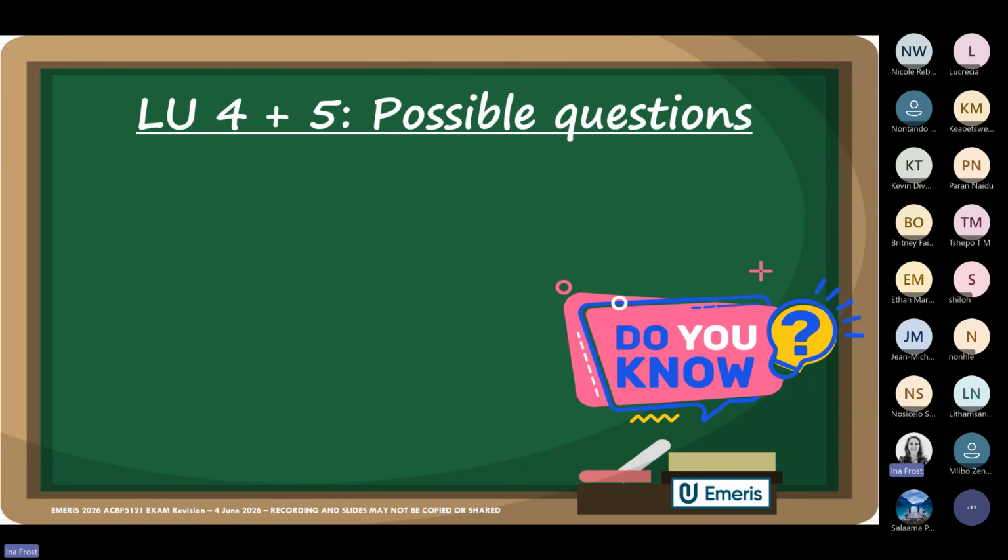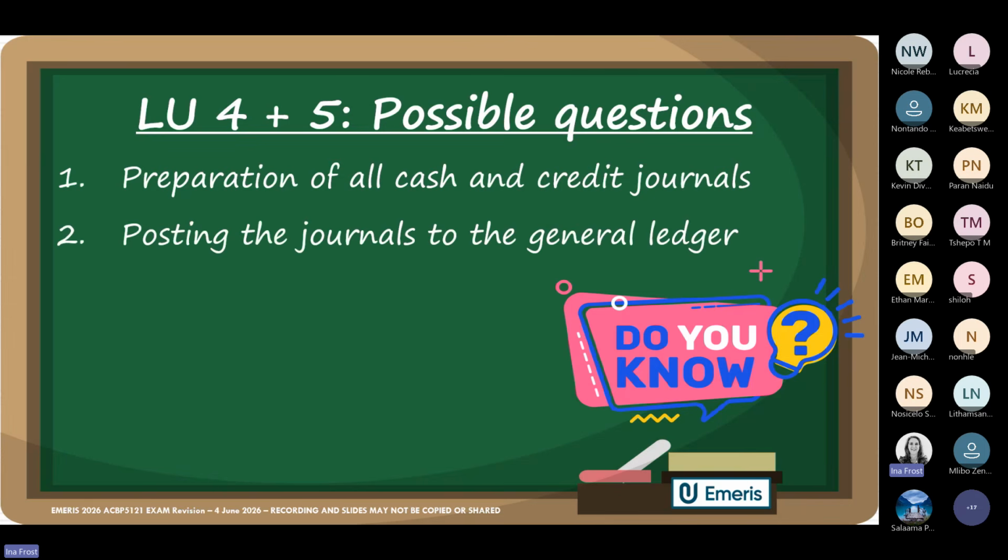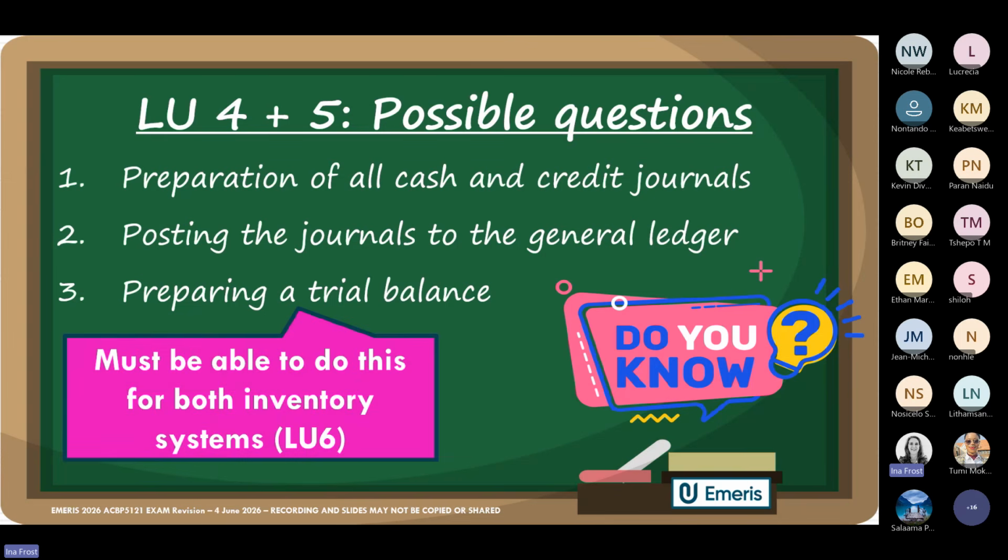And the possible questions that can come out of these two learning units are: 1, are you able to prepare all of your cash and credit journals? 2, can you post these journals to the general ledger? And then 3, are you able to prepare a trial balance? And remember, all of these 3 things you have to be able to do for both the inventory systems. So you need to be able to do that for perpetual inventory, and you need to be able to do that for periodic inventory.